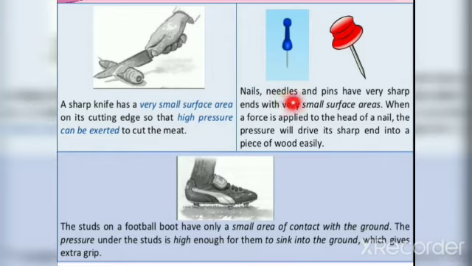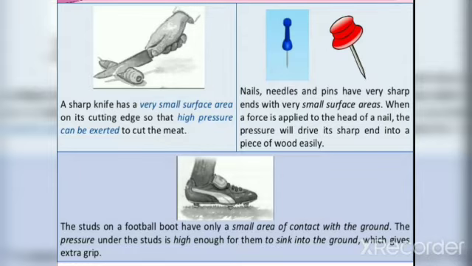Nails, needles and pins have very sharp ends with very small surface areas. When a force is applied to the head of a nail, the pressure will drive its sharp end into a piece of wood easily. It is also easier to burst a balloon with a pin than with one's finger.